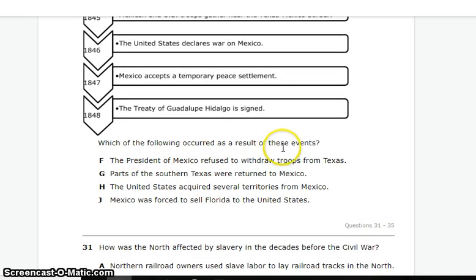Which of the following occurred as a result of these events? F. The President of Mexico refused to withdraw troops from Texas. G. Parts of southern Texas were returned to Mexico. H. The United States acquired several territories from Mexico. J. Mexico was forced to sell Florida to the United States.